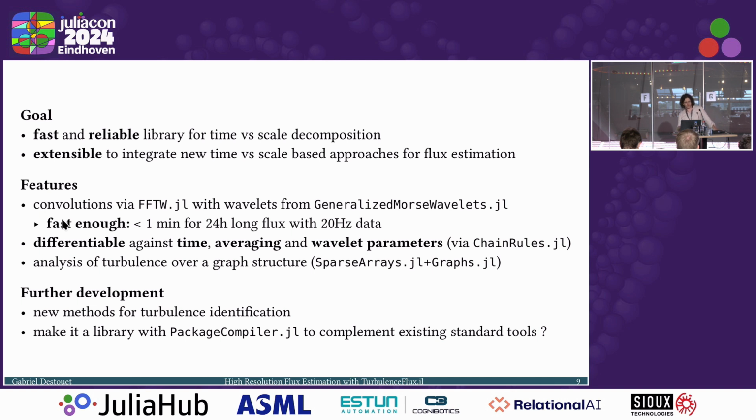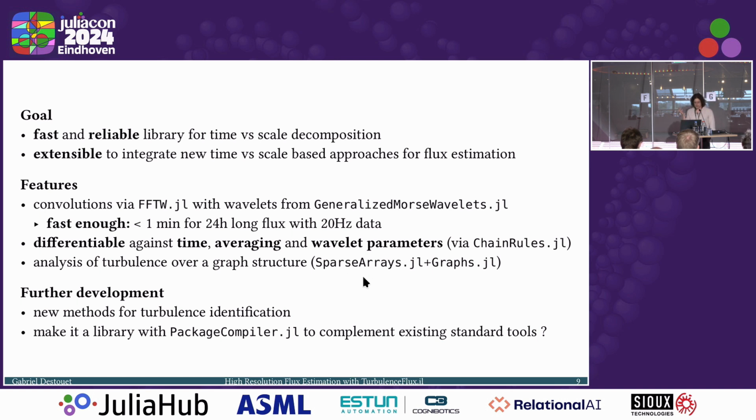We also make it differentiable with respect to time averaging and the wavelet parameters, because we wanted to study, for example, the sensitivity of the estimation to the wavelet parameters and the averaging parameters. And we also perform the analysis of the turbulence. So we have a graph structure, based on graphs and sparse arrays, to analyze the turbulence.